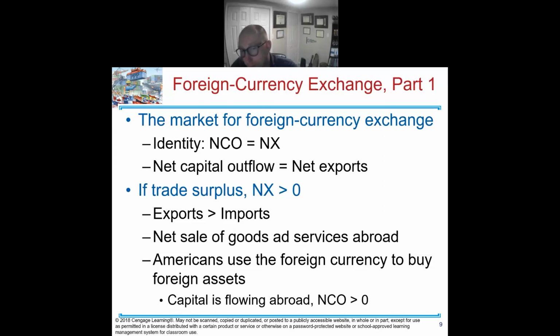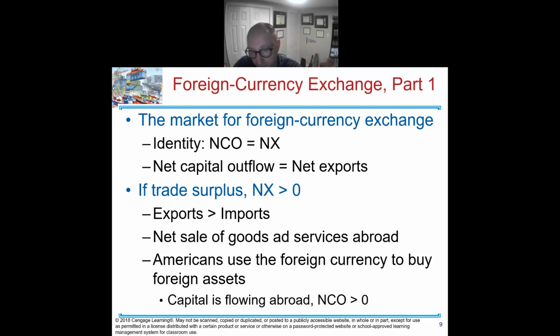If there's a trade surplus between the countries, where the exports are greater than the imports, the sale of goods and services abroad, Americans typically use the foreign exchange to buy the foreign asset. The reason for this is that when there's a trade surplus, the dollar is stronger than the foreign currency because we have more exports than imports.